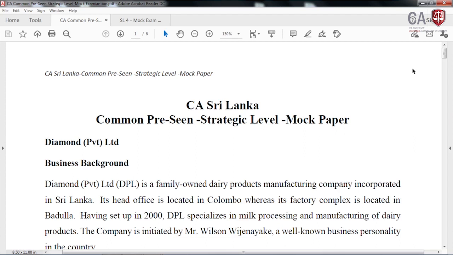So, there is no requirement for you to participate in tuitions. That requirement has been eliminated by CA Sri Lanka. Now, with the pilot paper and this mock exam paper, your requirement to participate in tuition is not mandatory. So, with this you can write the exam.